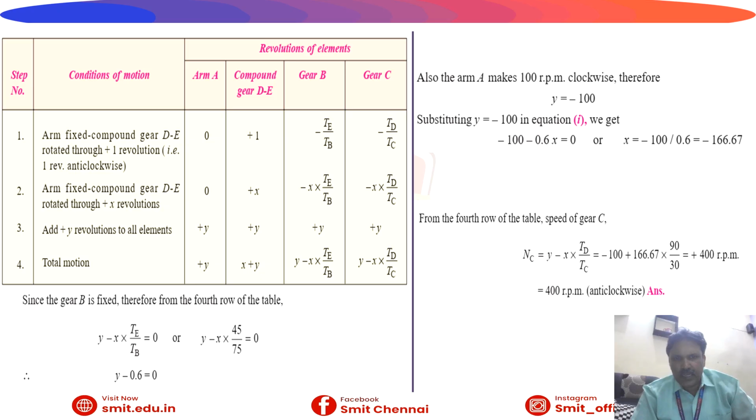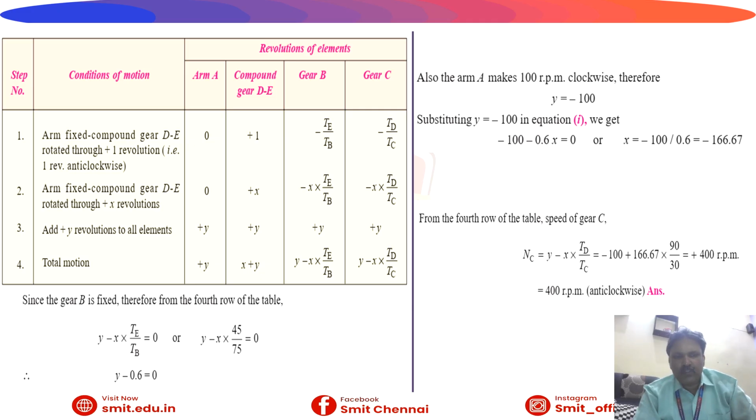Then multiplying with x as in all the problems: 0 into x is 0, then plus x, then minus x into TE by TB, and minus x into TD by TC.